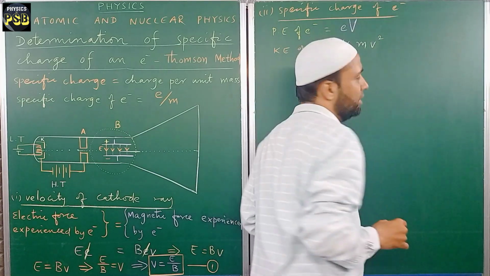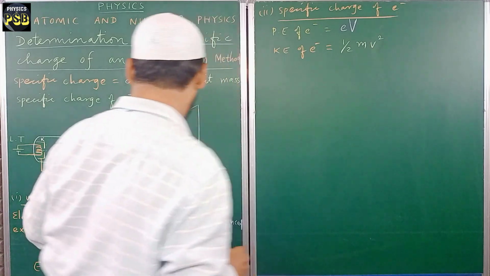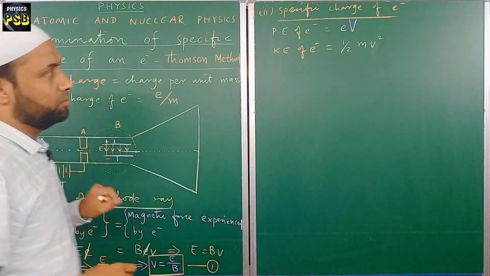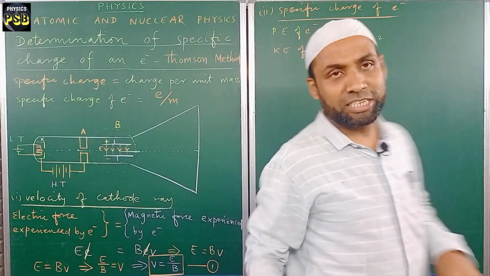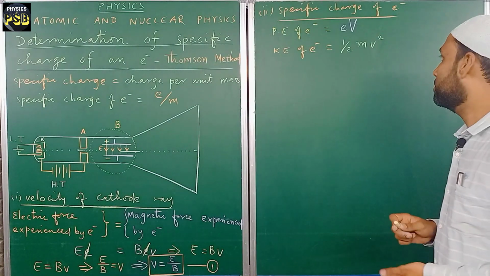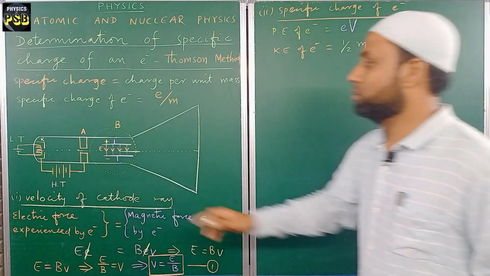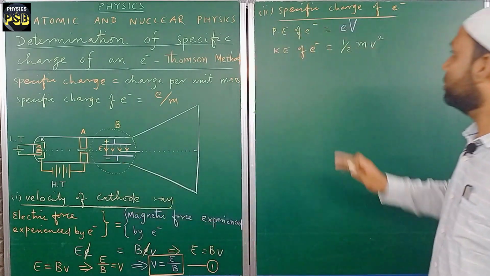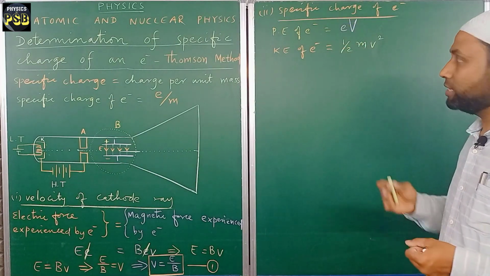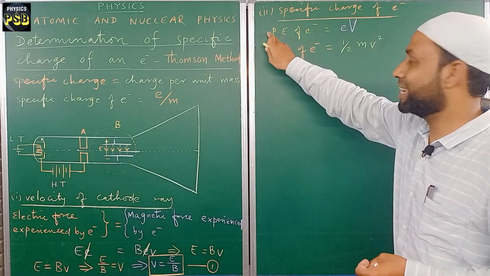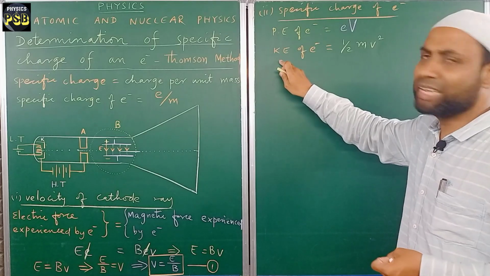Small v stands for velocity of electron with which it is traveling through this anode. These two things are observed here. Actually, here potential energy of electron is getting converted into kinetic energy of electron.